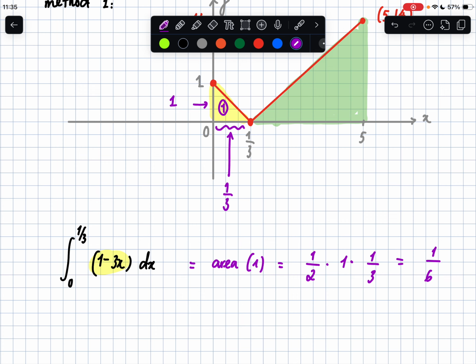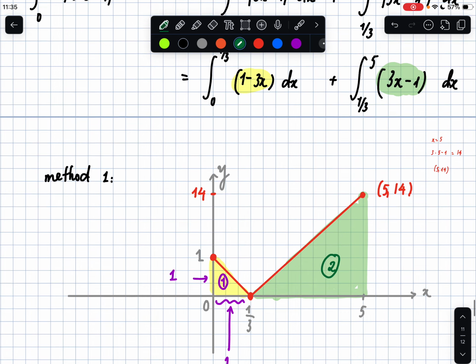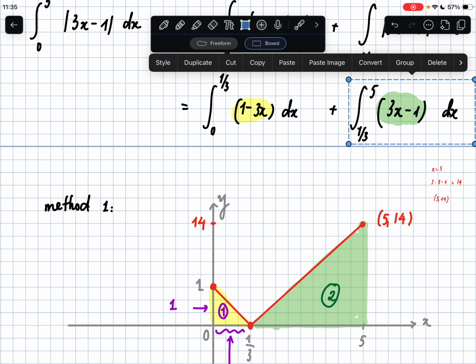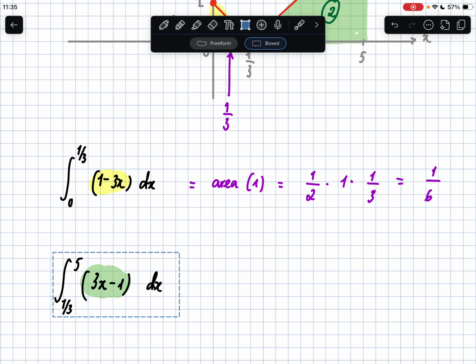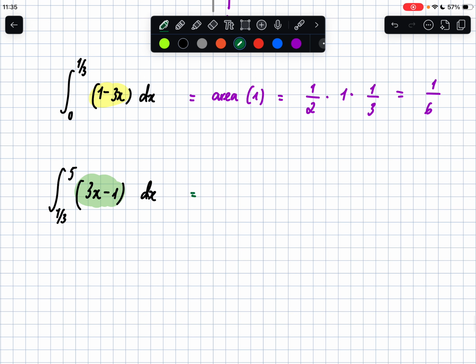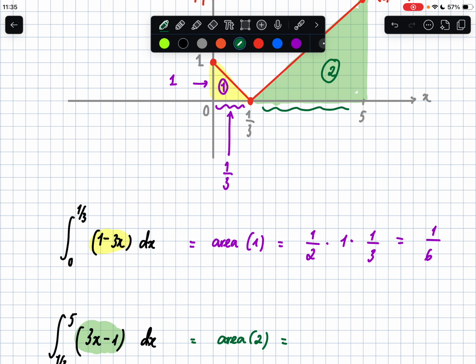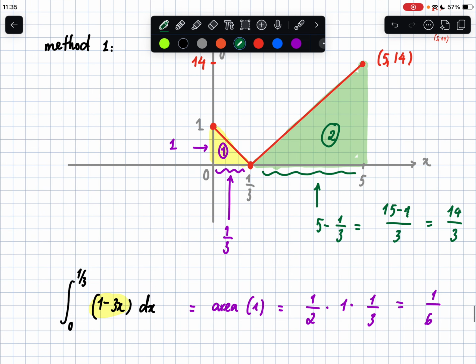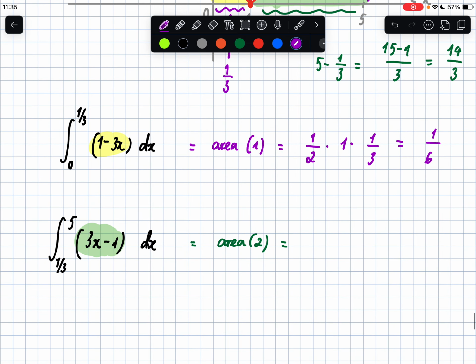The area of region 2 is this integral. So this length is 5 minus 1/3, which is 15 minus 1 over 3, 14 over 3, and the other side, this length, is equal to 14. So 1/2 times 14 times 14/3.